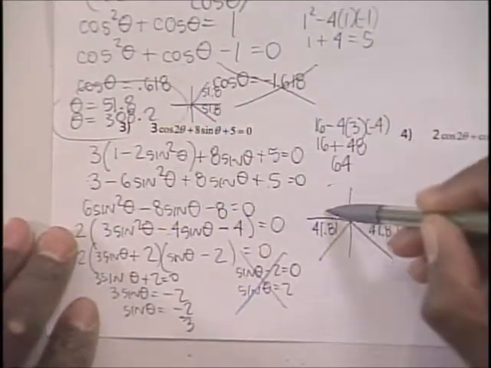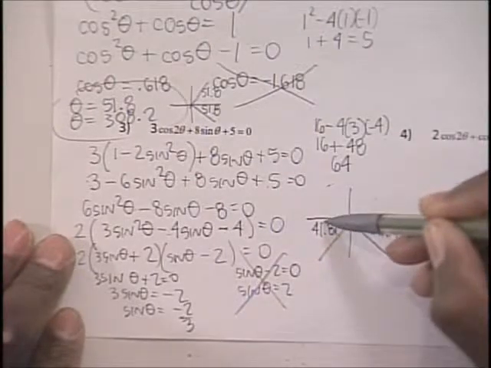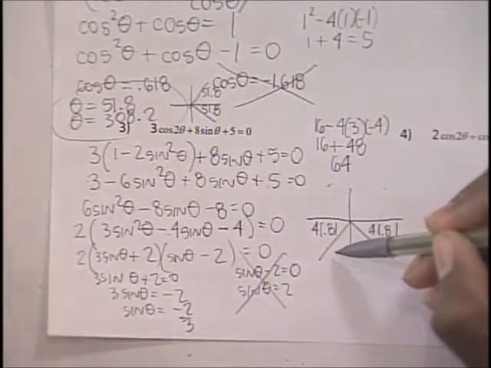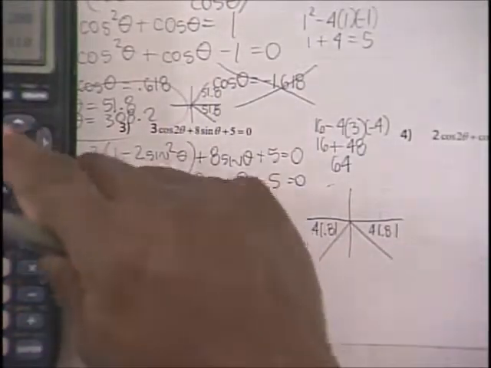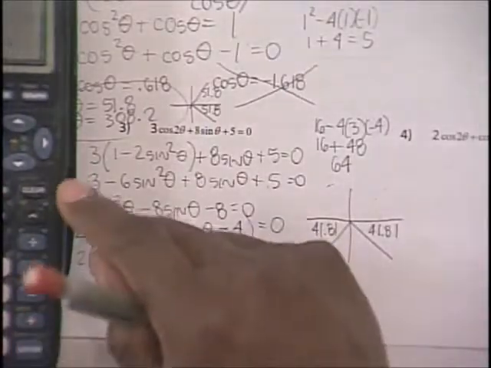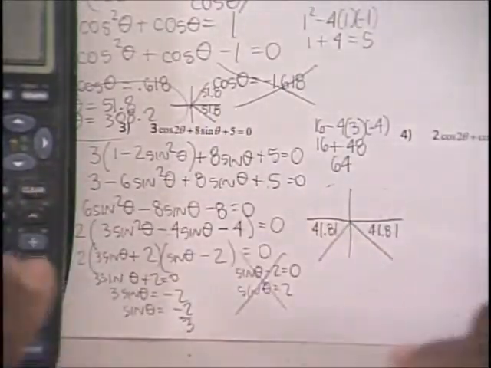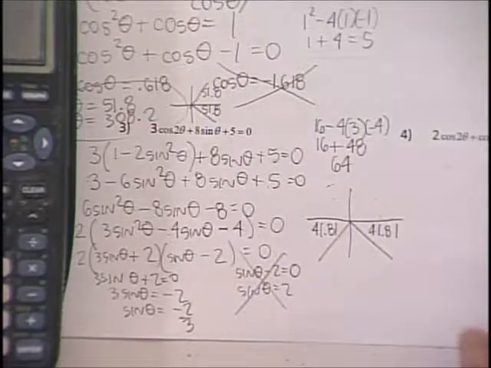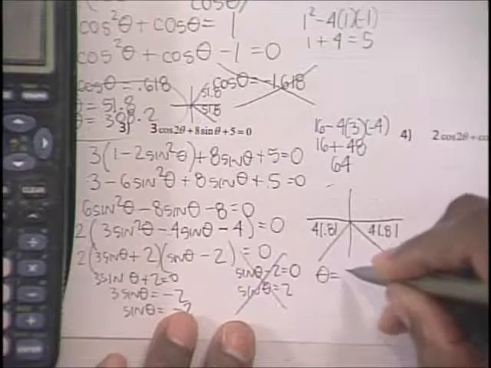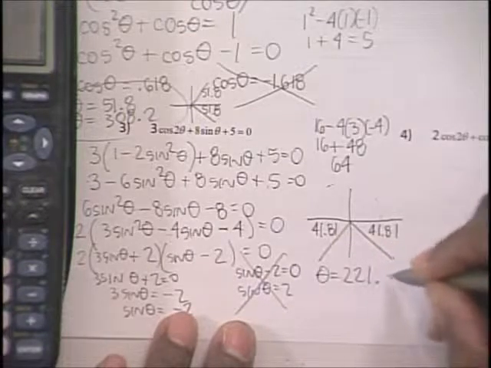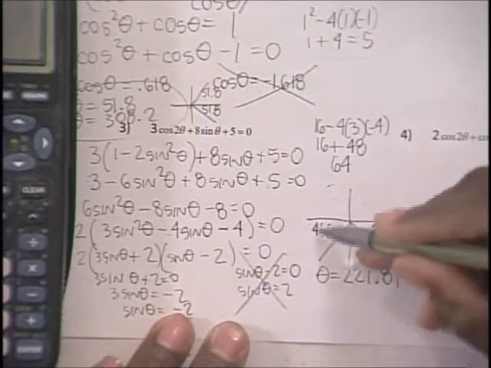From here to here is 180 degrees, but I want that angle. So you take 180 plus 41.81, and you end up with 221.81. So one answer is 221.81. That's this angle right there.